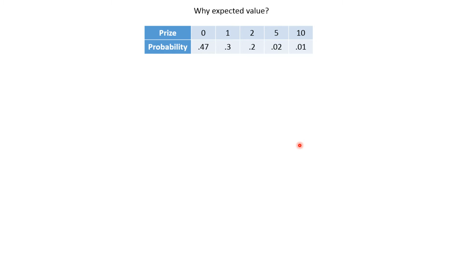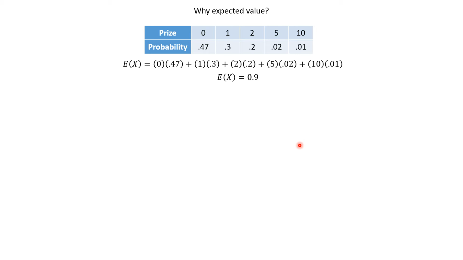We watched a lot of people play, and this is the probability. We can find the expected value. We just need to multiply each of the columns and then add them together, and we get the expected value as 0.9. And so on average, we would expect to win 90 cents.